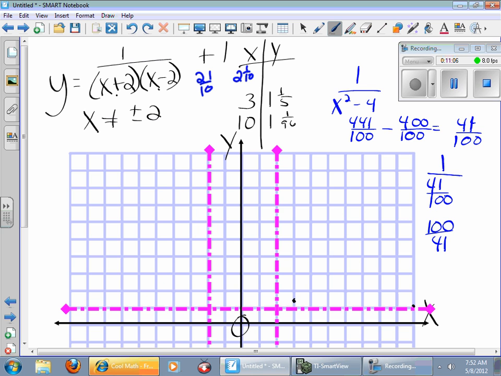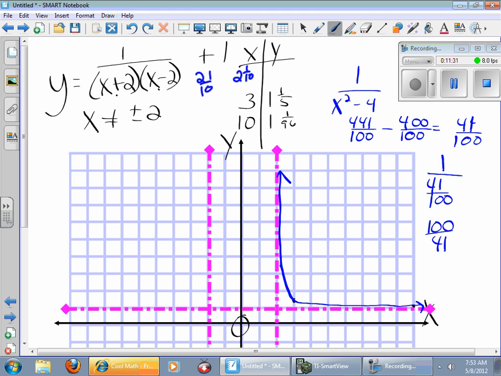Okay, and that's going to be 2 something, and then when I add 1, I'm going to get 3 something. So I know at 2 point 1, I'm going to be starting to shoot up, somewhere past 3. So it's going to be shooting up here somewhere. So I was right on my initial prediction. Notice I just used a little guesstimates there. It's going to do something like that.